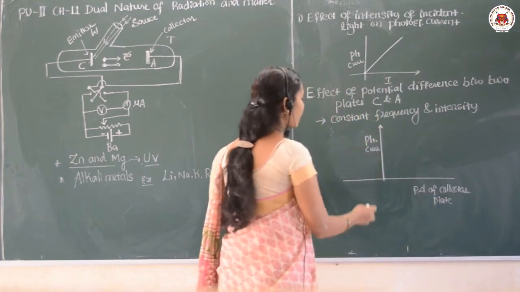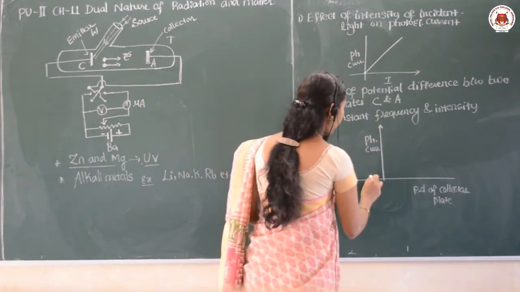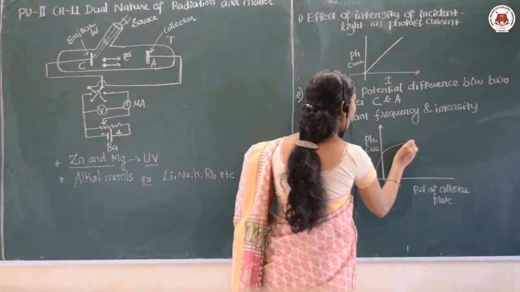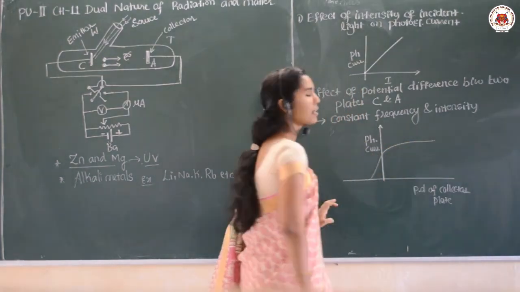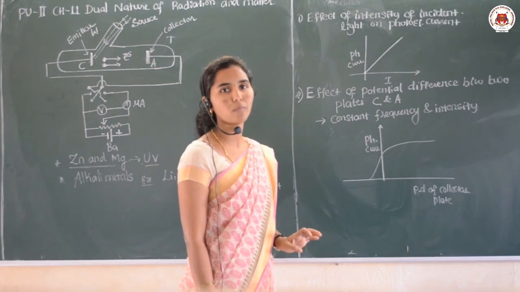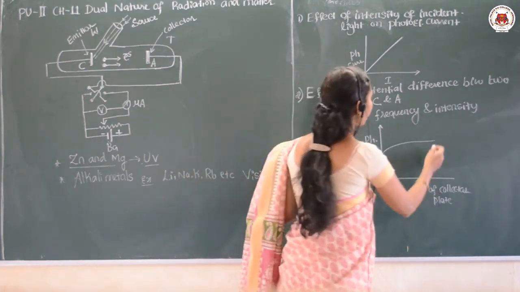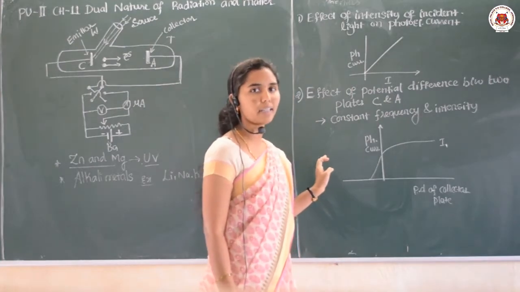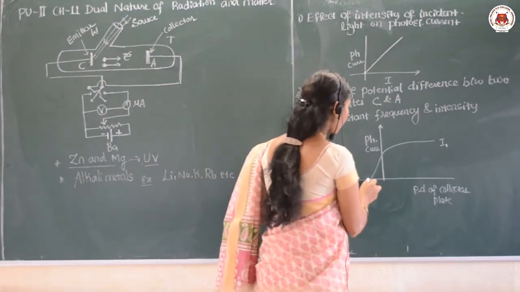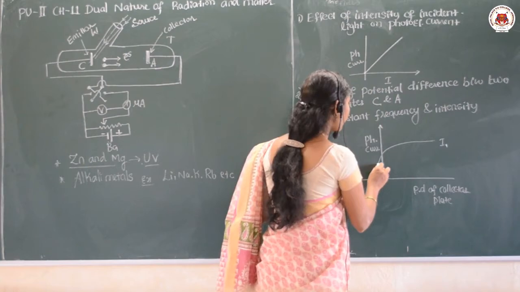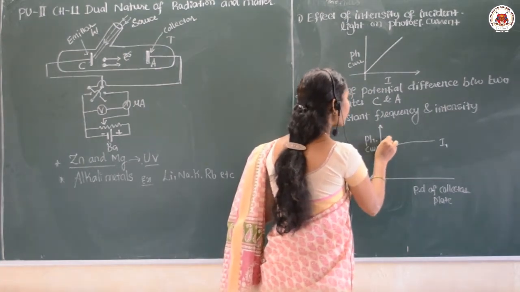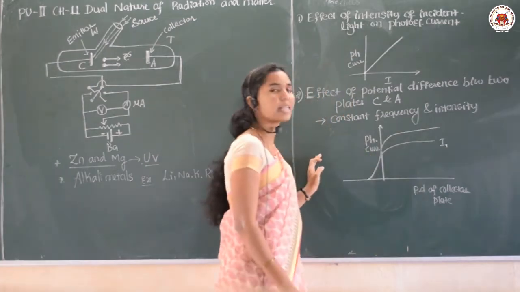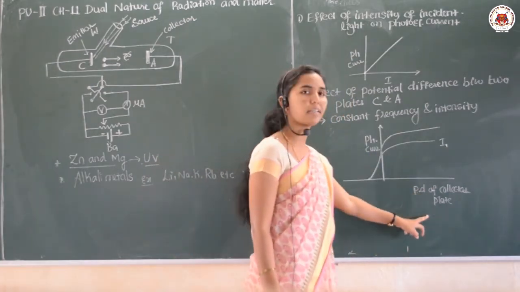And you can see that as the potential increases, the photoelectric current also increases and it reaches one maximum value. Okay. And again, if you change the radiation to another intensity, there also you can observe that there is an increase in the photocurrent if you increase the potential of the collector plate here.